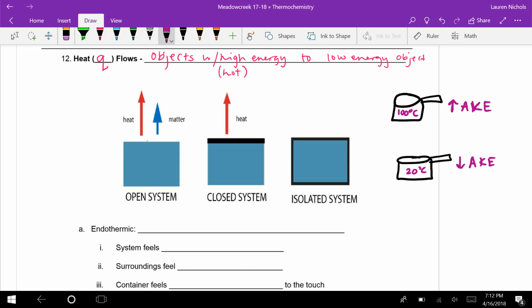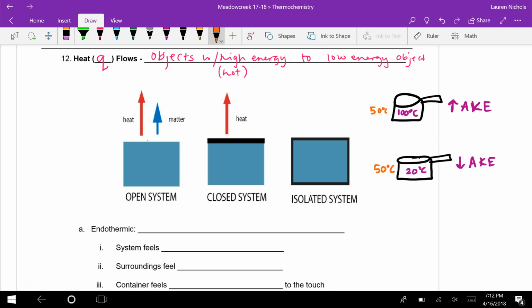And so one thing we know is that if we were to put these two pots side by side to where they were touching, what would eventually happen to their temperature? Well, we know that eventually the 100 degrees Celsius pot would become 50 degrees, and the 20 degrees Celsius pot would also eventually become 50 degrees.